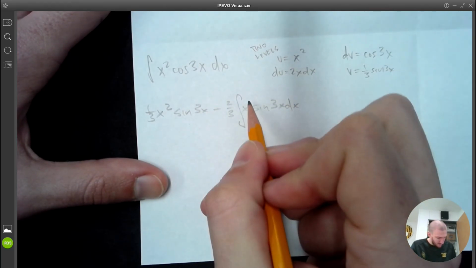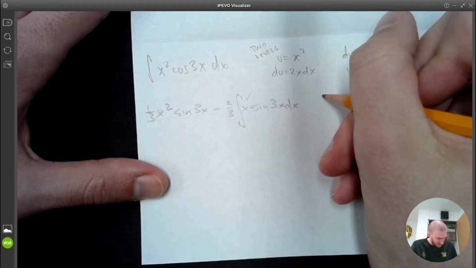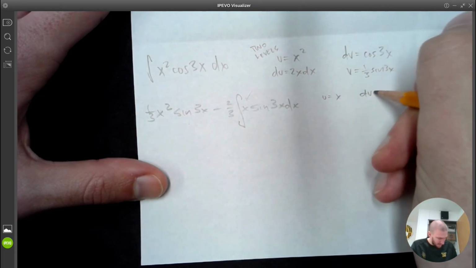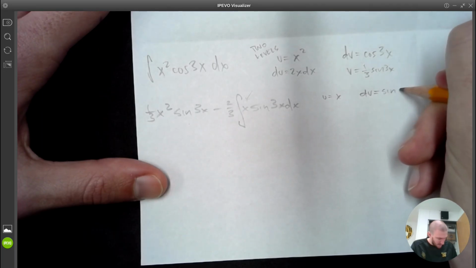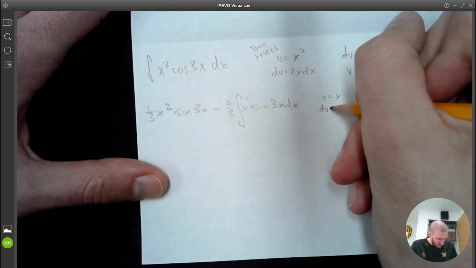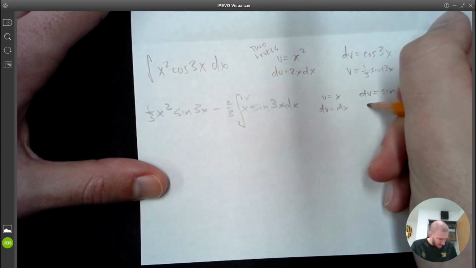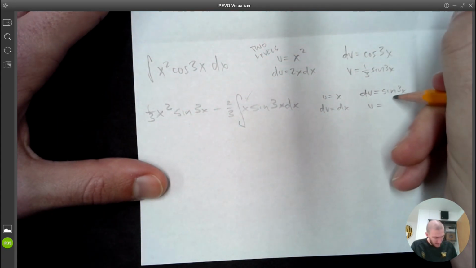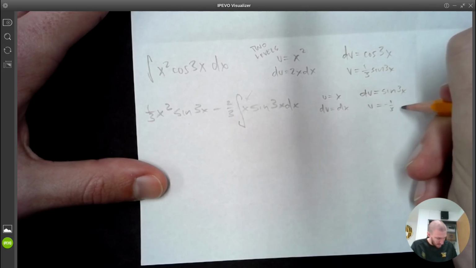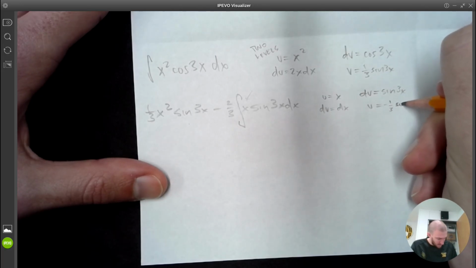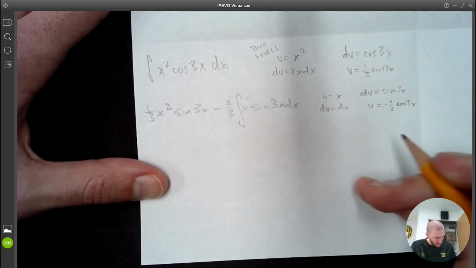Now I need to do the integral, but again, I already knew this, I'm going to have to do it again. u is equal to x, dv is equal to sine 3x, du is equal to dx, and v is equal to, the integral of sine is negative cosine, negative 1/3 cosine 3x.